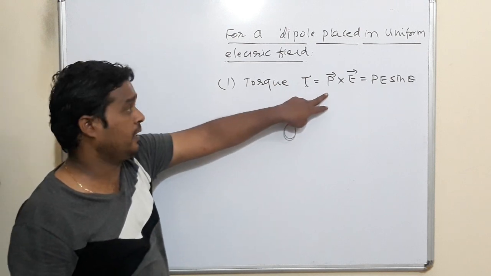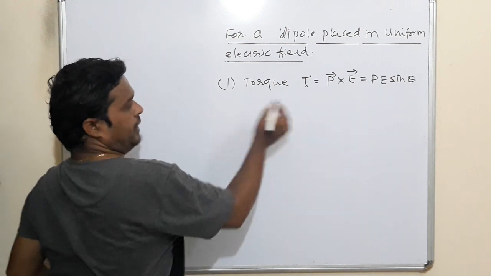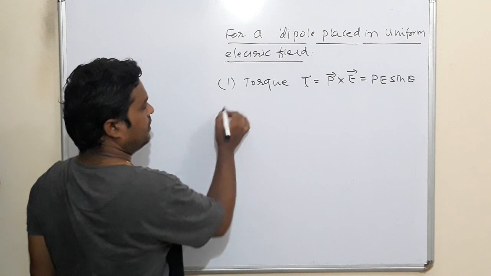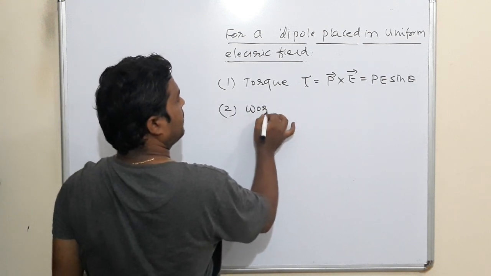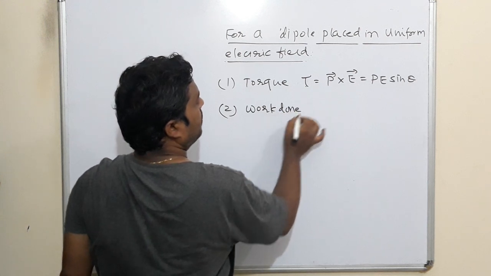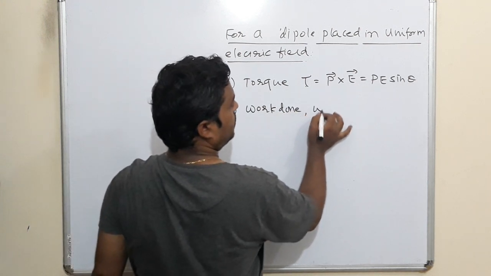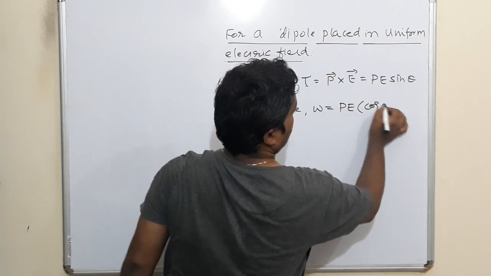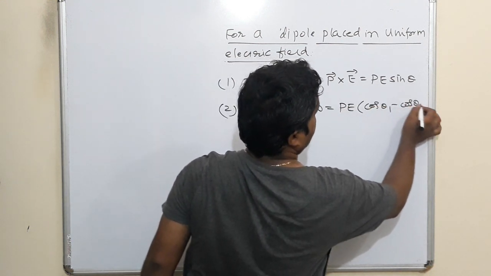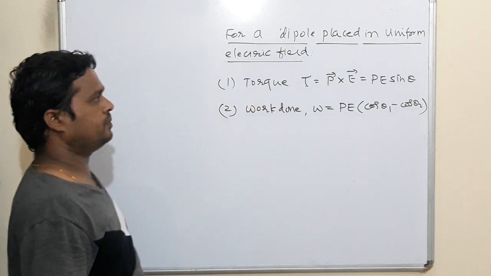You should know how to calculate the cross product also. Second, the work done in rotating the dipole from theta 1 to theta 2 is PE into cos theta 1 minus cos theta 2.